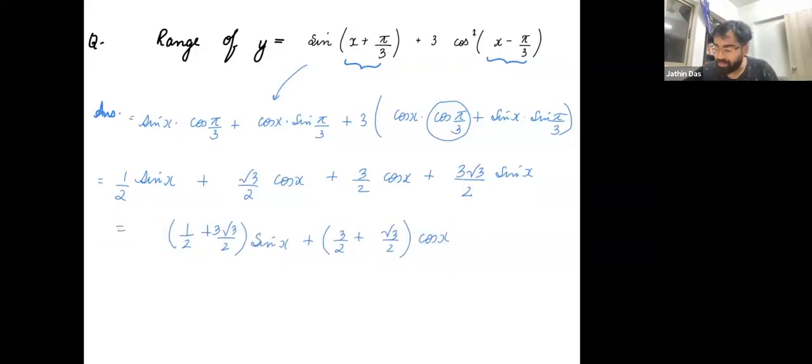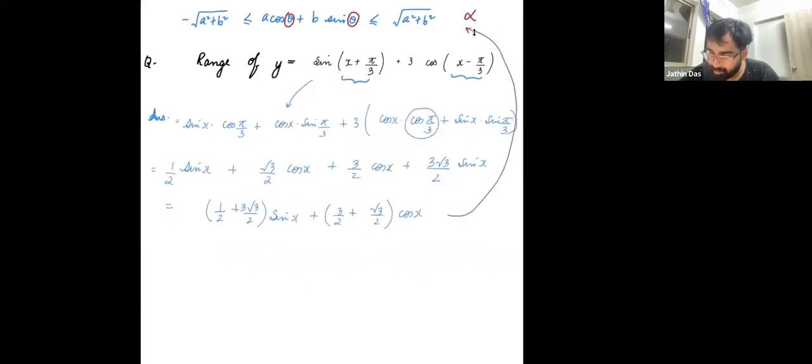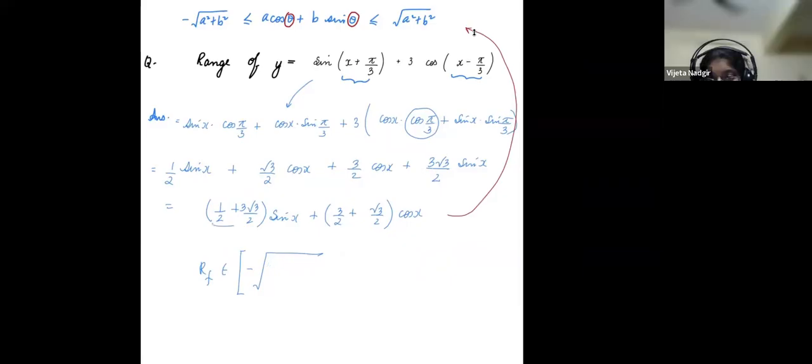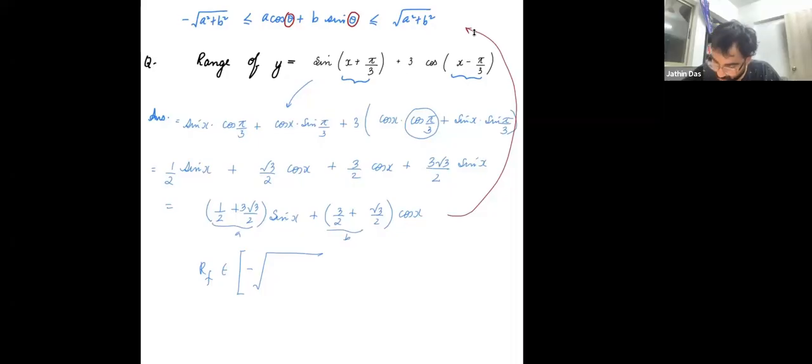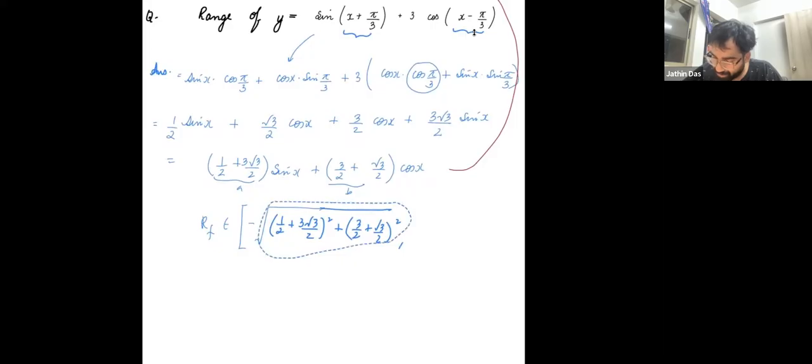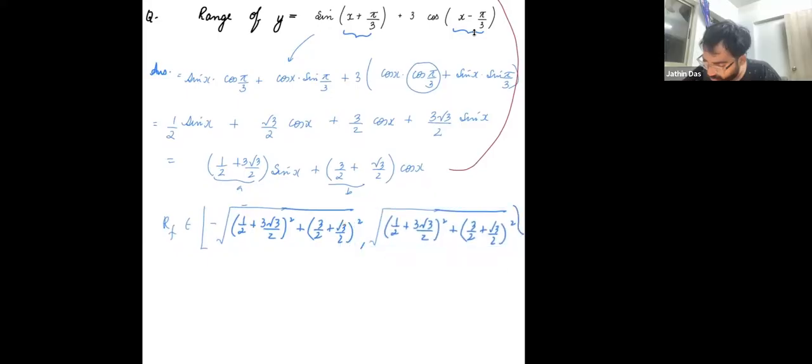Now you tell me, is this in the form a sin x plus b cos x? Yes. So if they ask its range, the range belongs to minus root of (half plus 3 root 3 by 2) whole square plus (root 3 by 2 plus 3 by 2) whole square, comma, and obviously the same value positive. This whole thing is A, and this whole thing is B. Leave what the value is, that's not important.